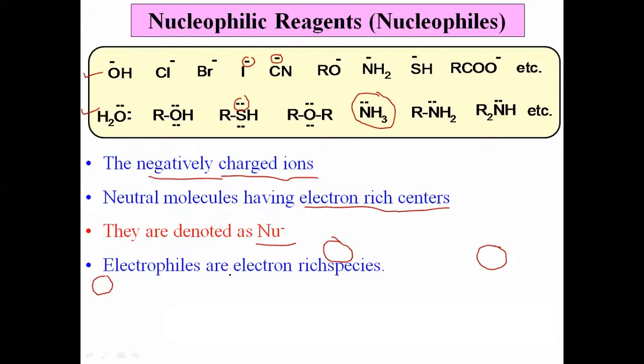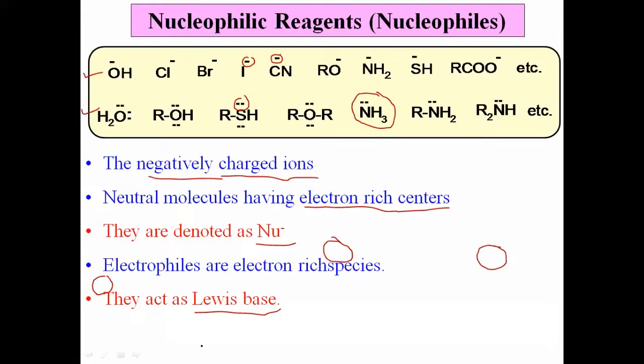Third, they act as a Lewis base. They have a lone pair of electrons, and that substance has a tendency to donate its electron pair to another substance. Therefore, they act as a Lewis base.